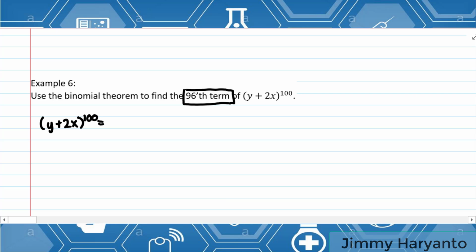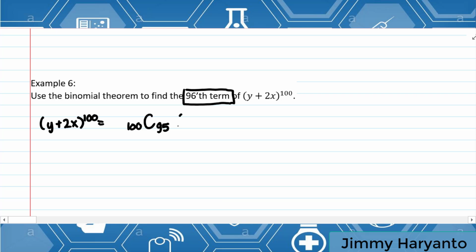Before, I already told you how to find the 96th term easily. So you write 100 because the power is 100, and then C. Don't forget, if the question wants us to find the term, you have to minus it by 1. If the question wants us to find the 96th term, we write 95.